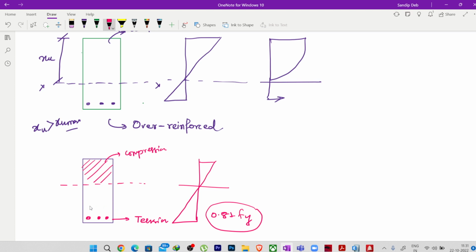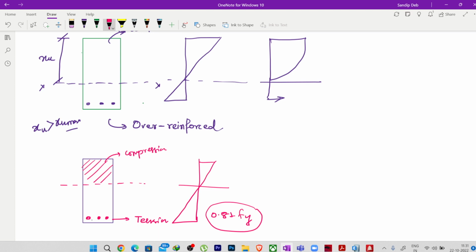So why can we allow this, or why is it recommended to consider this kind of section? Because we all know reinforcement or steel is a ductile material, right? Being a ductile material, whenever it is failing, it will not fail suddenly.